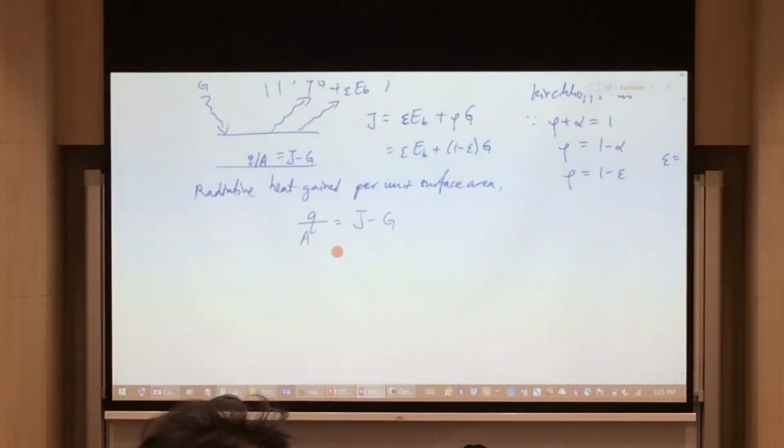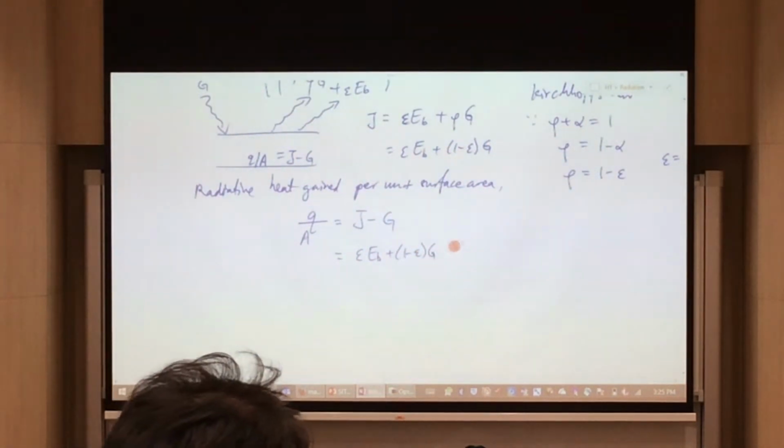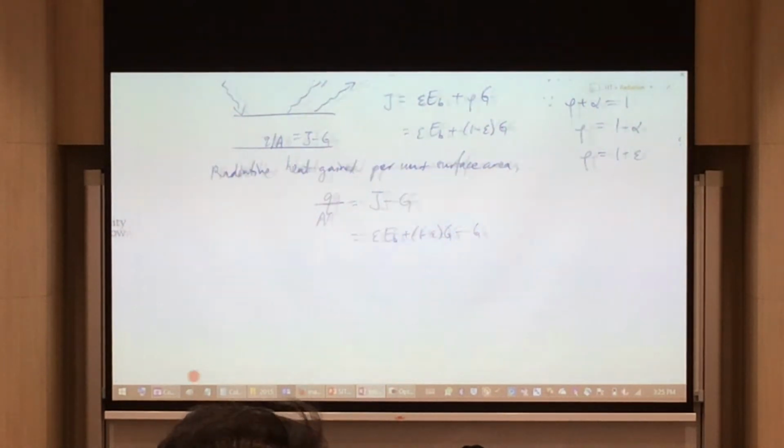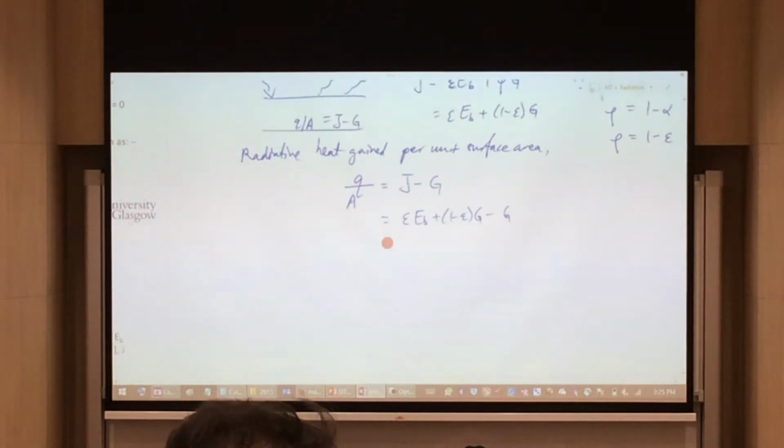So I'm going to substitute the following J term into it. Epsilon EB plus 1 minus epsilon G, minus G. So once I have that, I could simplify it further. I could start to multiply G inside, and then plus G minus G, I will get epsilon G. Okay.